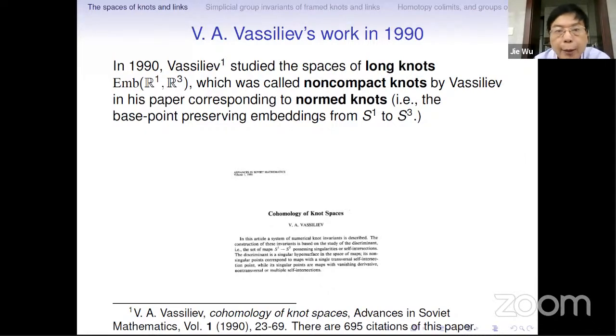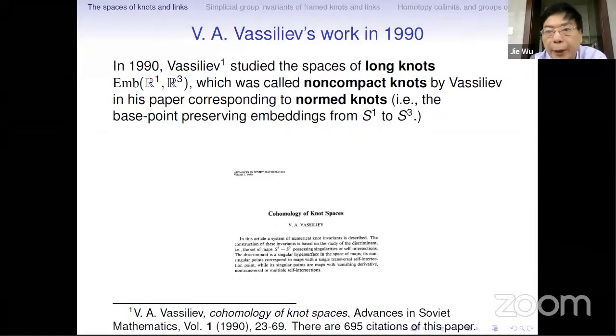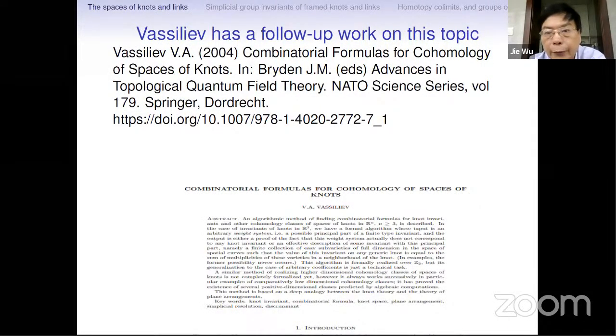Now, there has been a lot of work on this, right? On the space of knots, you can look at the cohomology. In my impression, Vassiliev is the first person to study this topic.